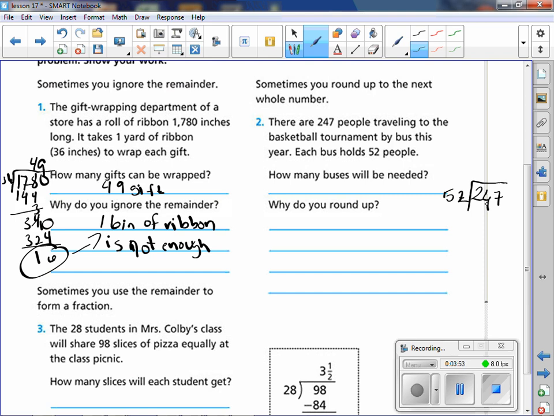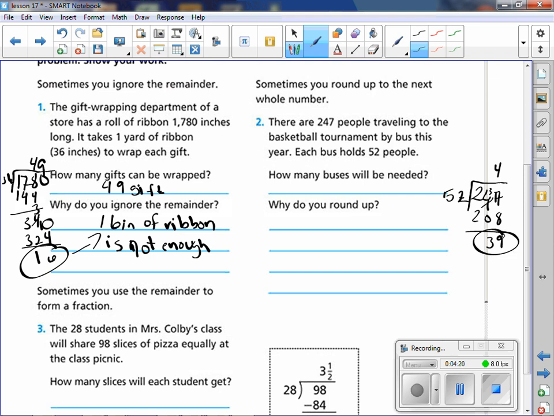So 4 times 52 then is what I'm going to try out, and I get 208. And then I'm going to subtract. Okay, well, there's 39 people left over.